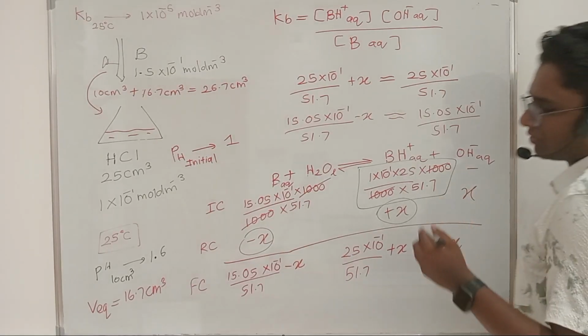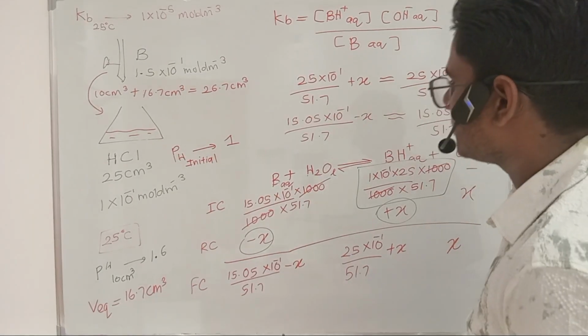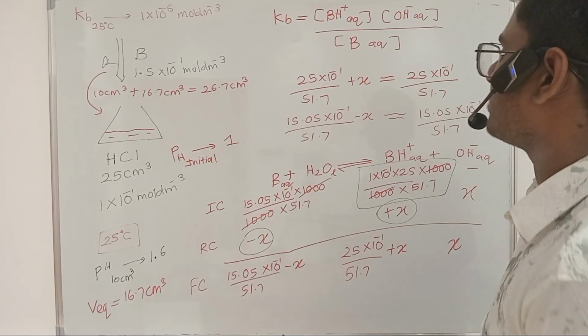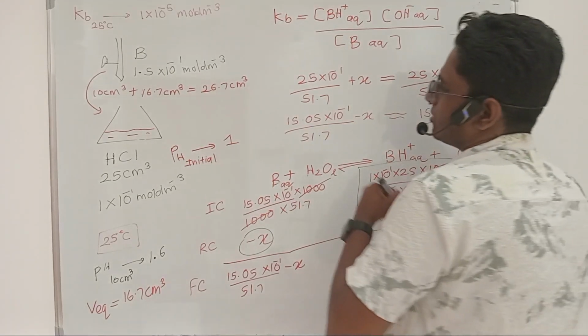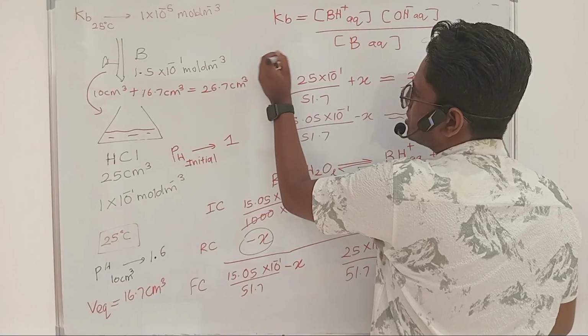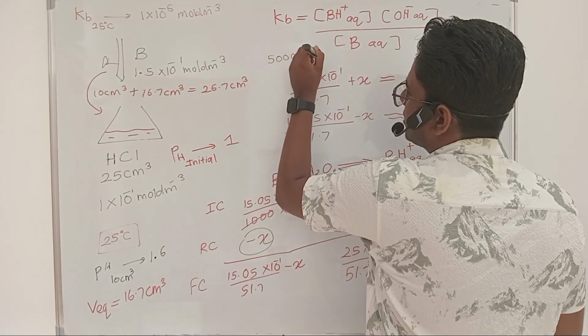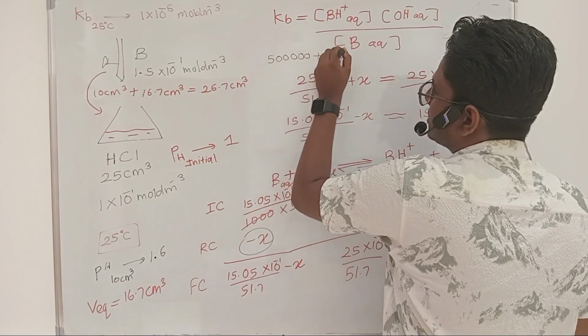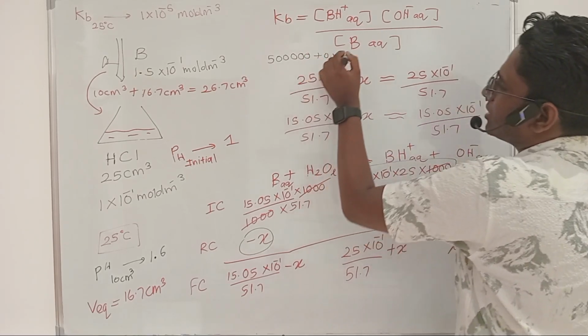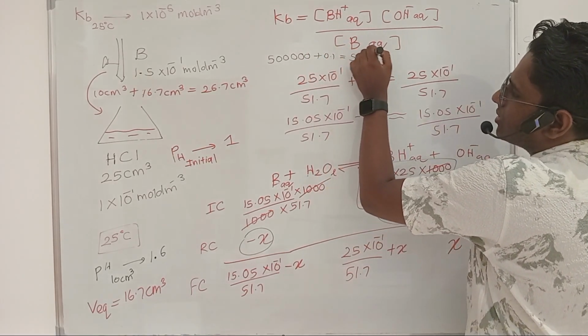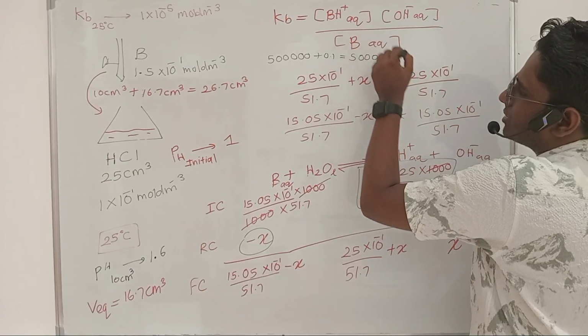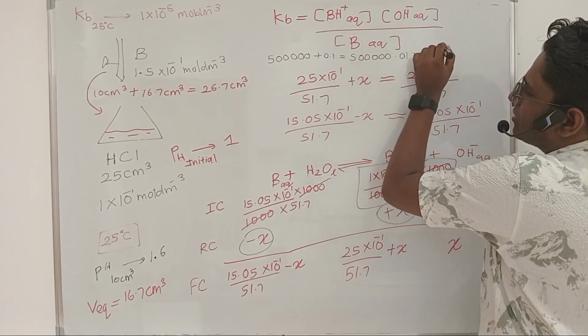For example, let's take 500,000, and you're adding like 0.1. That is equal to how much? 500,000.1, right? That is approximately equal to 500,000.